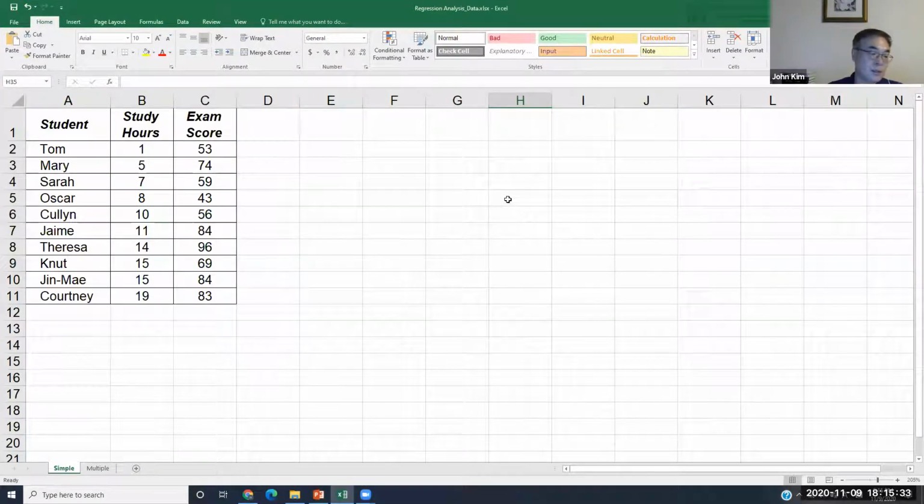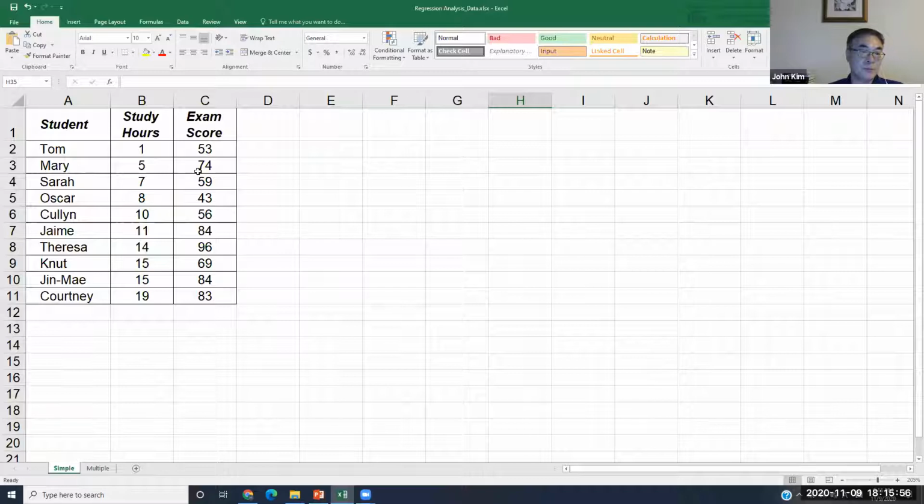So we have a simple data set like this: study hour and exam score. We can assume that the longer the study hour, the higher the exam score.